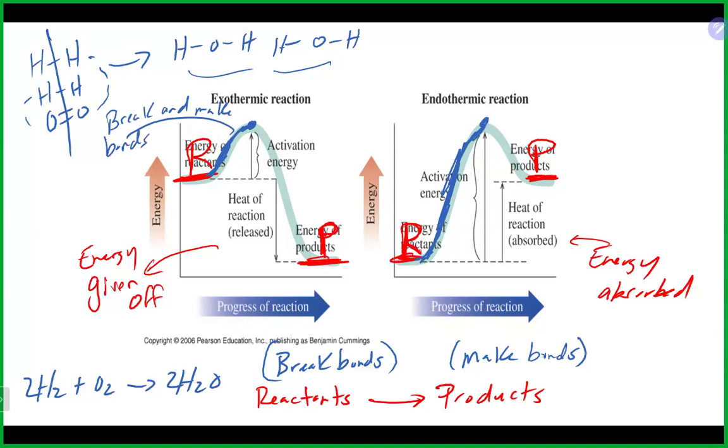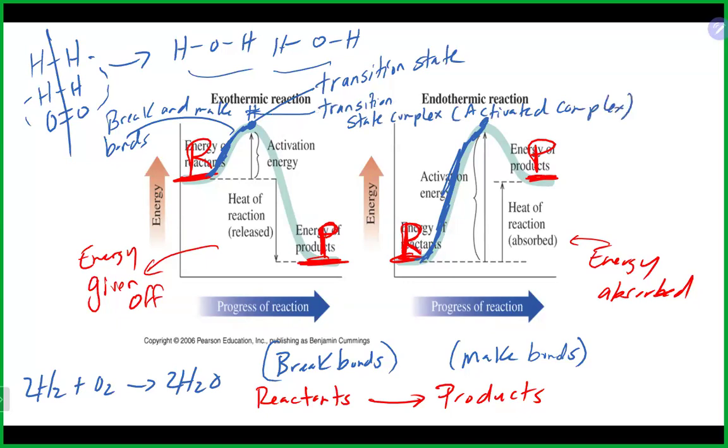So what happens when we get to the very top of the hill? This very top of the hill is what is sometimes referred to as a transition state. And up there at the transition state, you will have what is sometimes referred to as the transition state complex, or the activated complex.